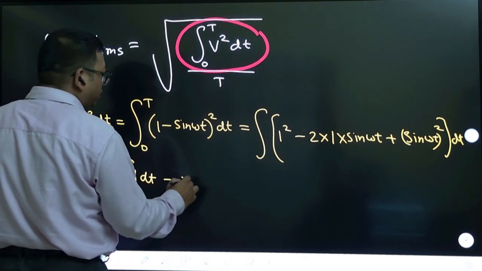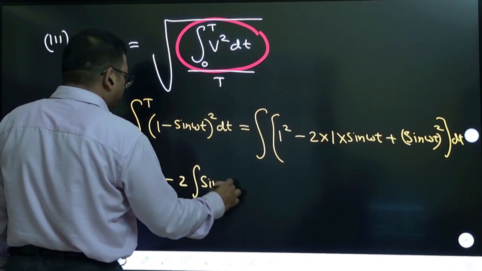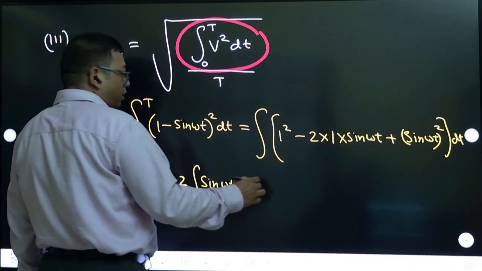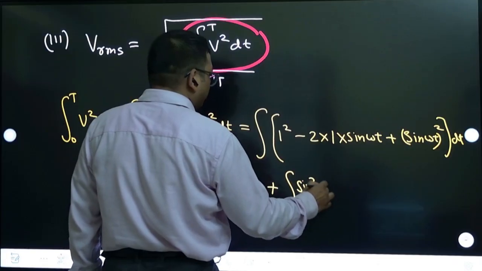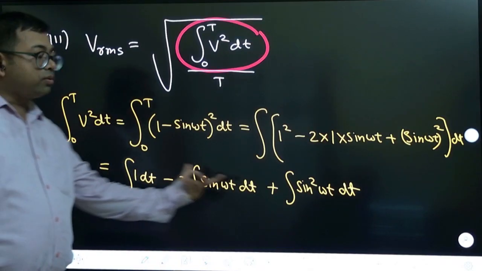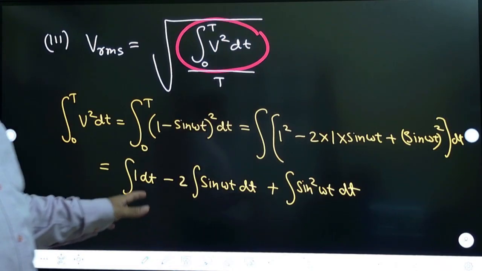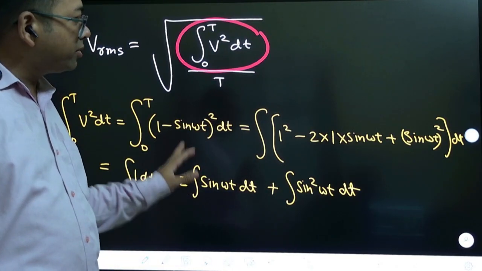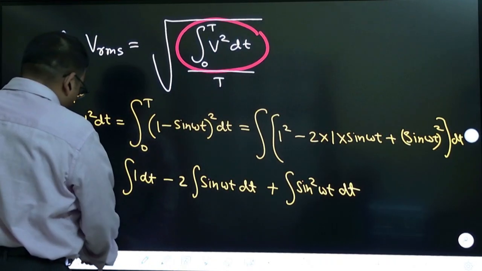Next, 2 you take out, integration of sin omega t dt. Then next you take out sin square omega t dt. So we have three terms. Each of these has the same limits, I am not putting them again. The limits are 0 to T, which we will put in the last step.